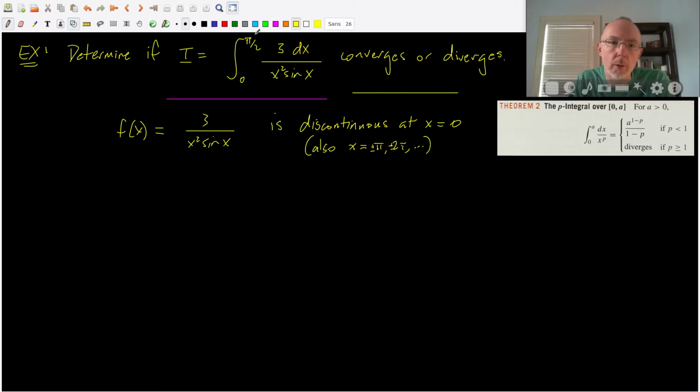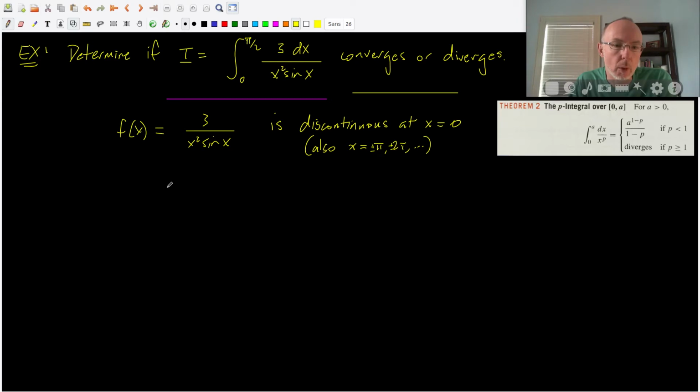But I don't care about those, because the region of integration is between 0 and pi over 2. So between 0 and pi over 2, this thing is fine everywhere except 0. So it's discontinuous at 0, so we need to use our trick at 0, so we need to be thinking about other integrals near 0.